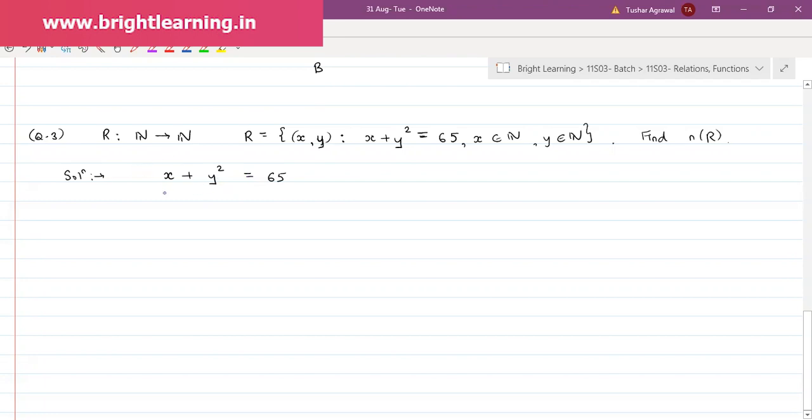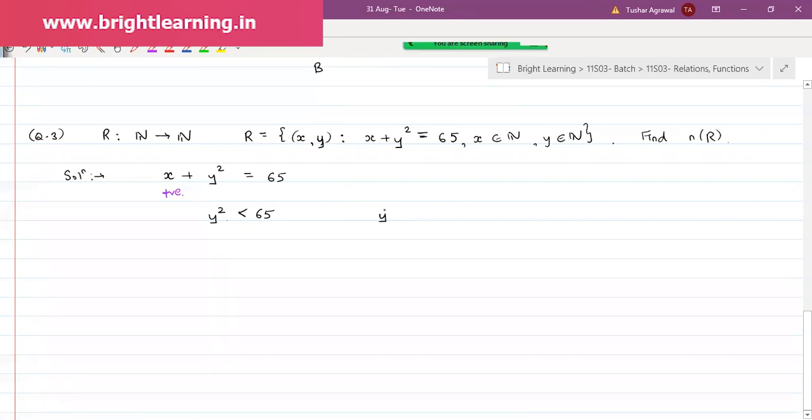Just think: x is positive, we know that, because it's a natural number. So our conclusion is y square equals 65 minus a positive number. Therefore, y square is definitely less than 65, and y square is a perfect square.